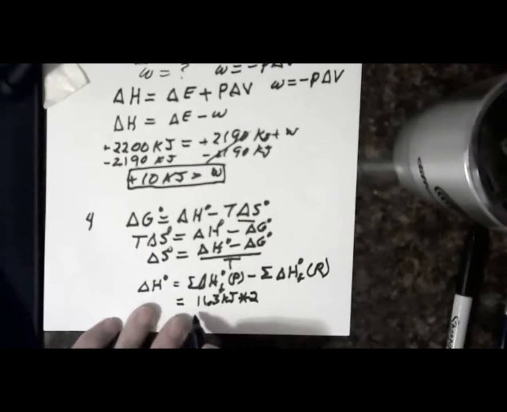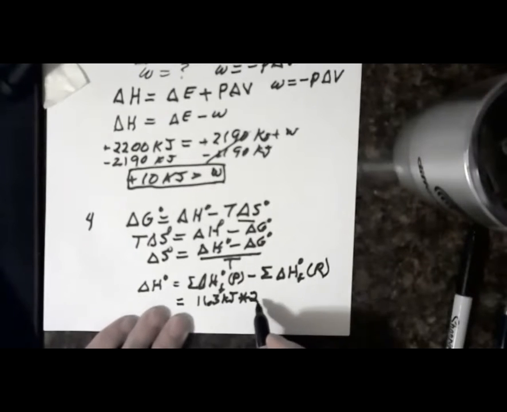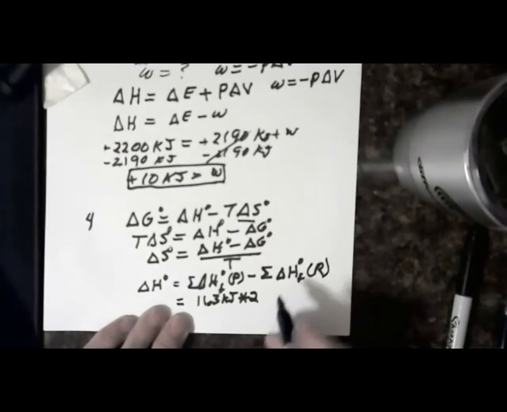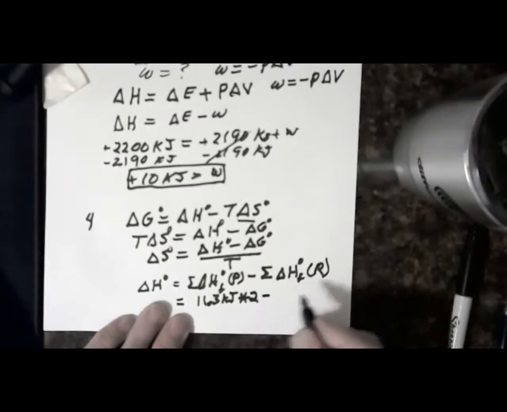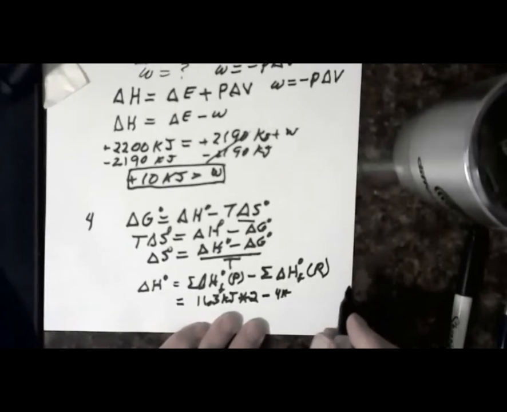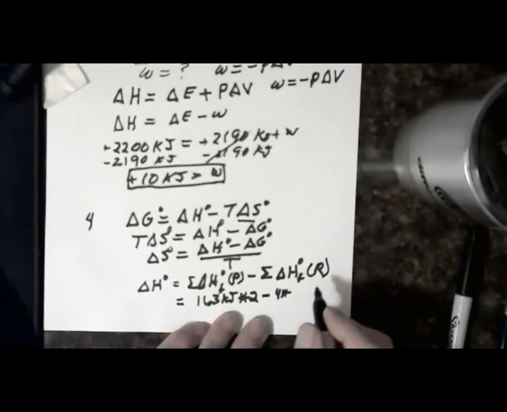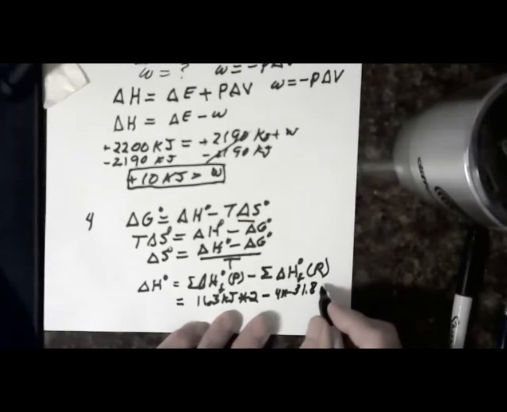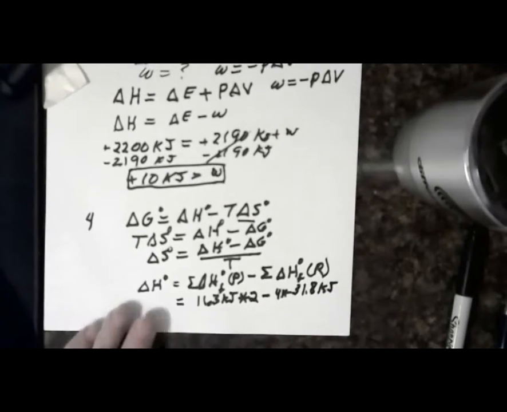Now I have to subtract off the delta H of formation of the reactants, and we've got 4 moles of that. From the table, NO2 is 31.8 kilojoules.